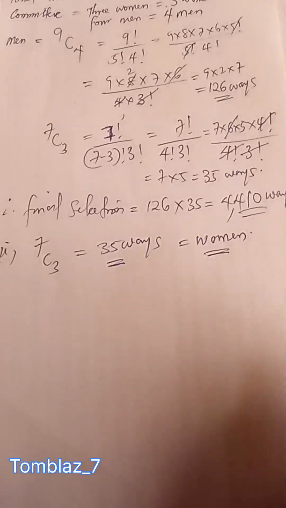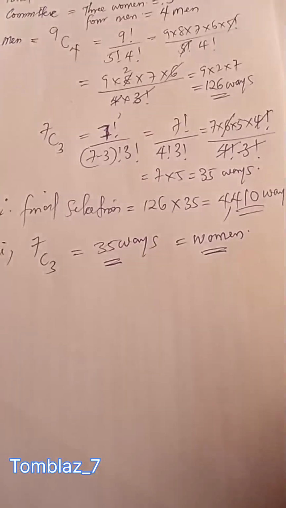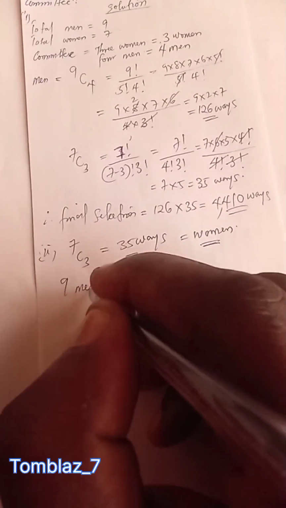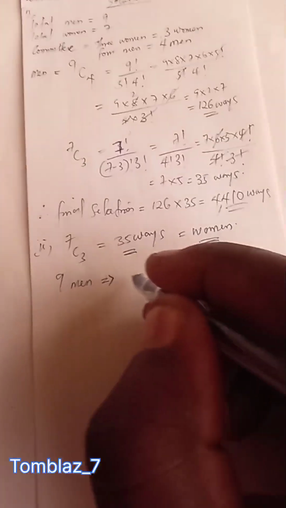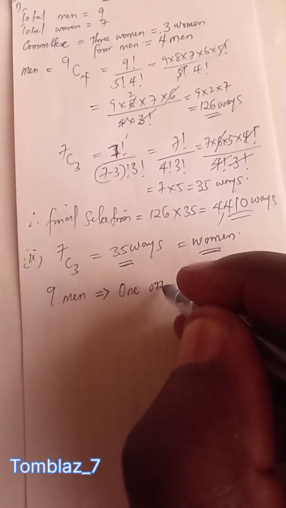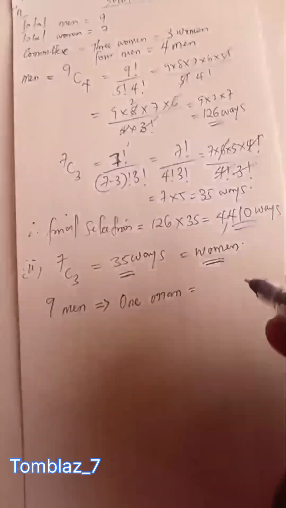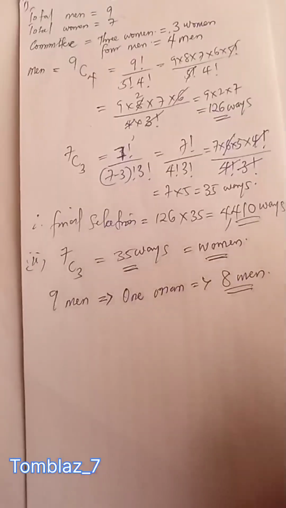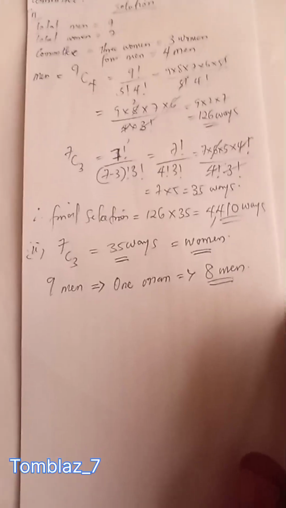They say one man must be in the committee. So since we have 9 men, if we take out one man, how many men will be left? 8 men, right? We have what? 8 men.